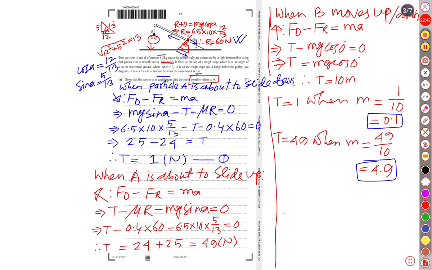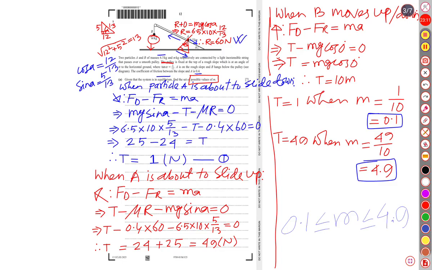Hence the range of the value is going to be from 0.1 until 4.9 kg. If the mass of particle B ranges from 0.1 kg until 4.9 kg, then the system will be in equilibrium.